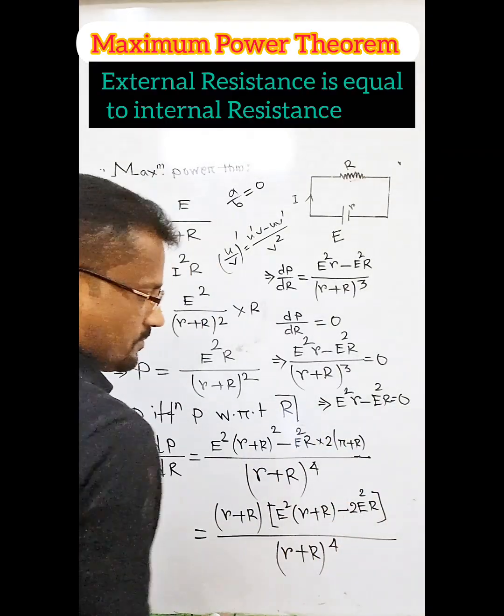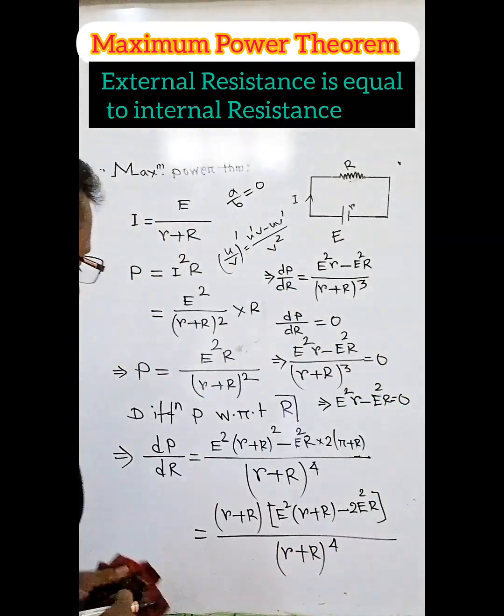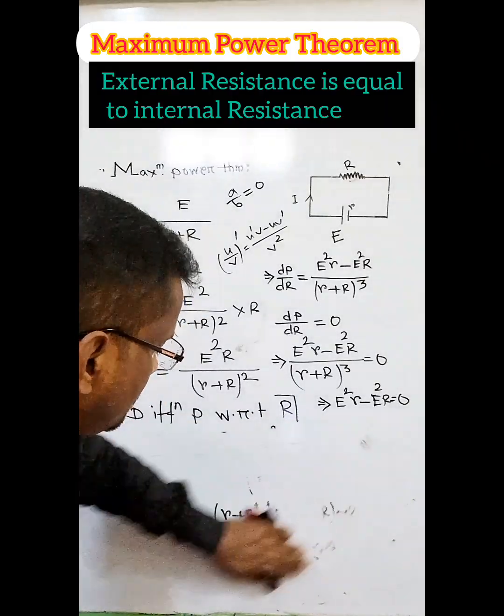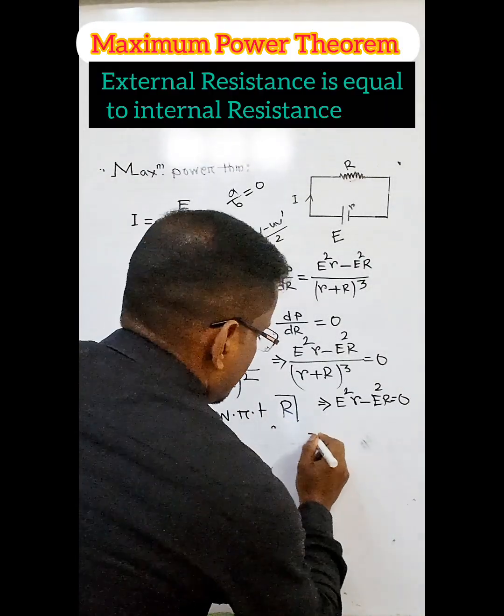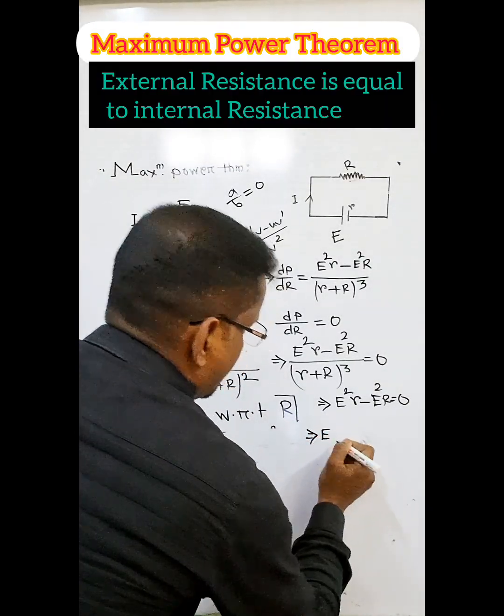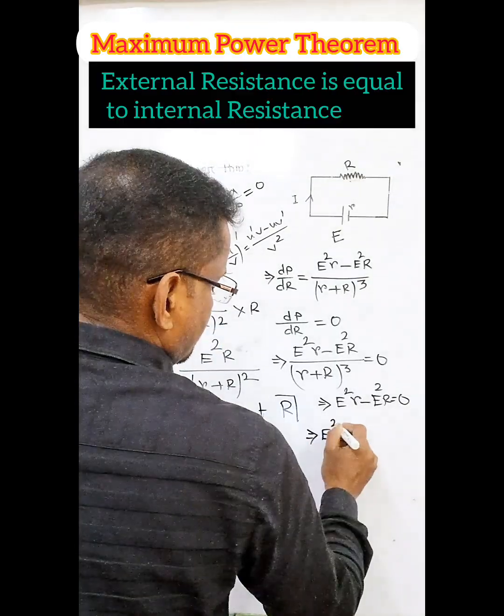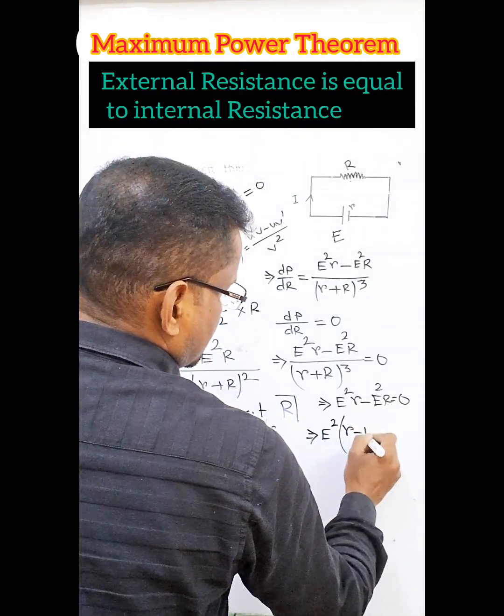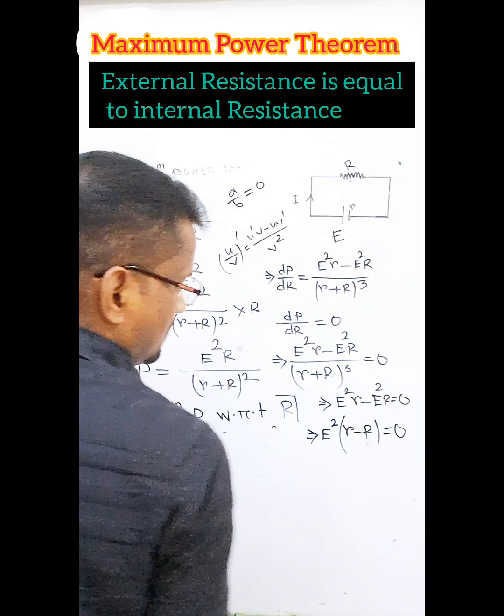This implies E square common within bracket (r minus R) equals 0.